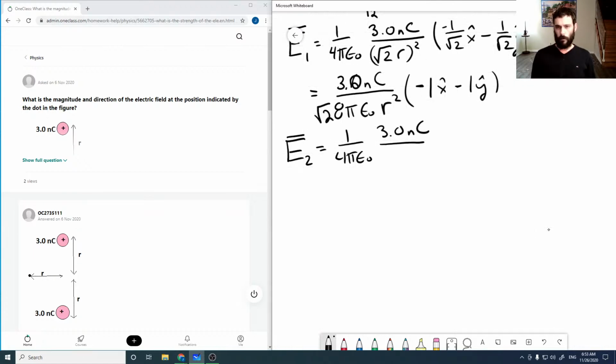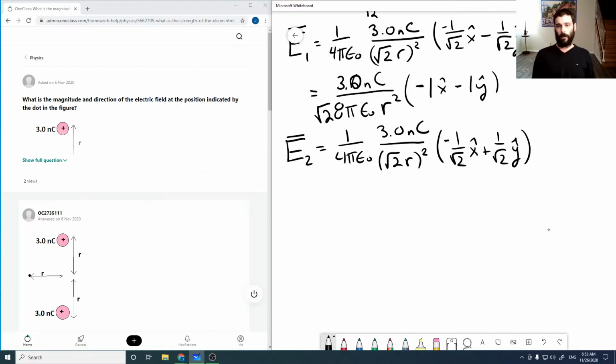So this would be root 2R squared, and then minus 1 over root 2 x hat plus 1 over root 2 y hat. So again, I'm not going to bother calculating everything because we don't have the value of R anyway, so I'm just going to leave it as is but pull everything out.